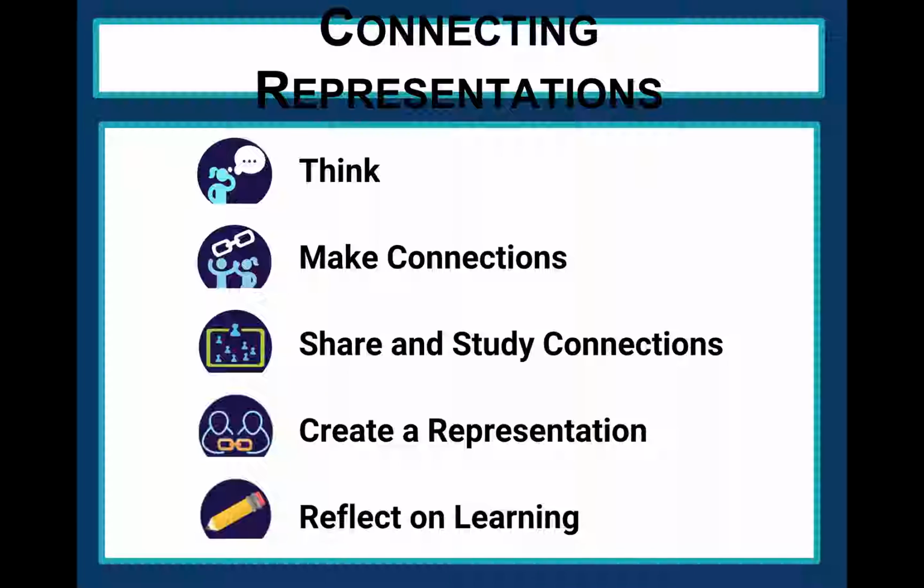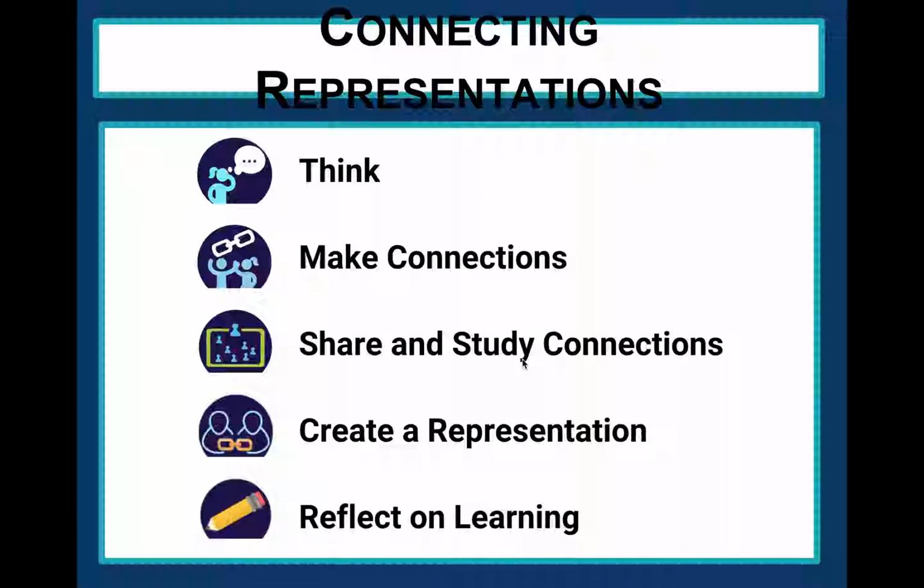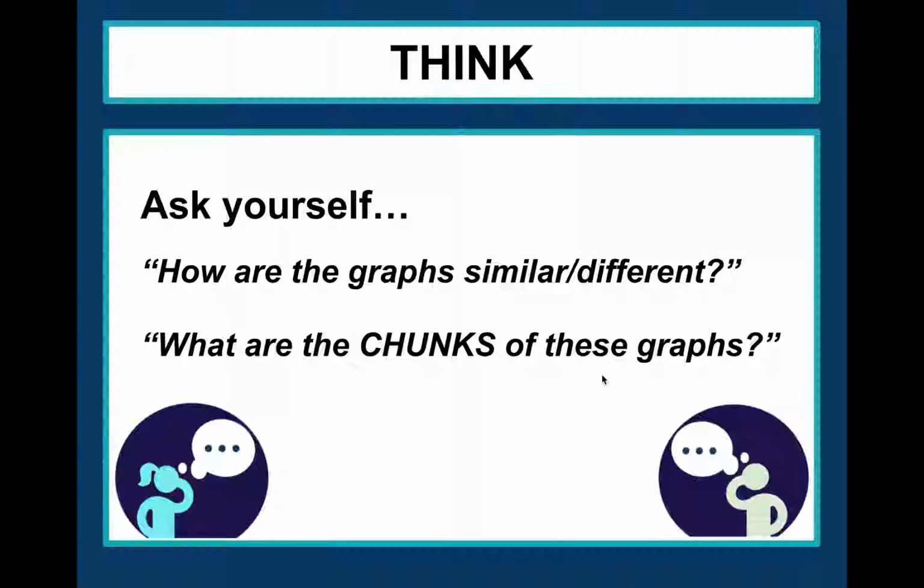All right, so our process is we're going to think, make connections. This is going to be a little bit harder because you can't just sit there and tell me what you notice. So I'll just have to kind of go through and point out some things. All right, so the first thing we want to do is just ask ourselves, how are the graphs similar or different? And what are the chunks of these graphs?